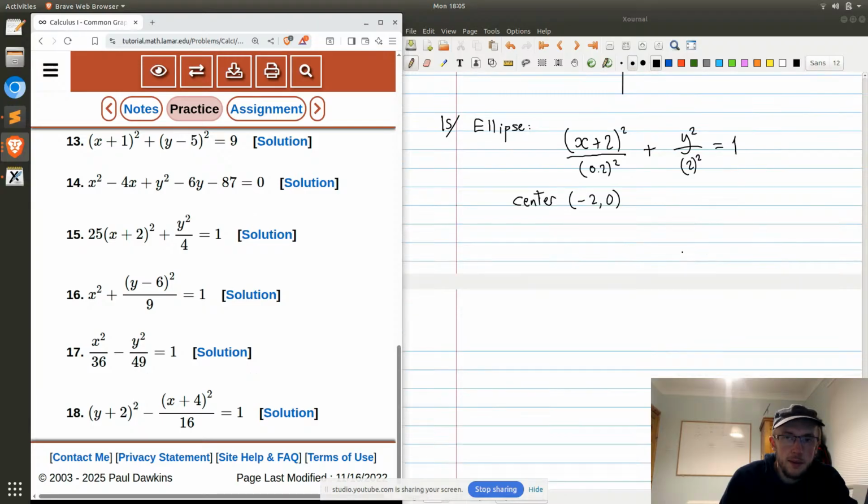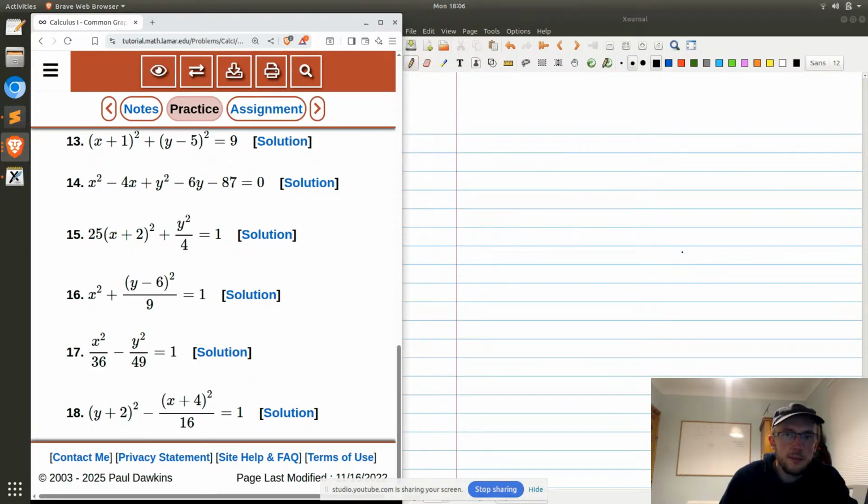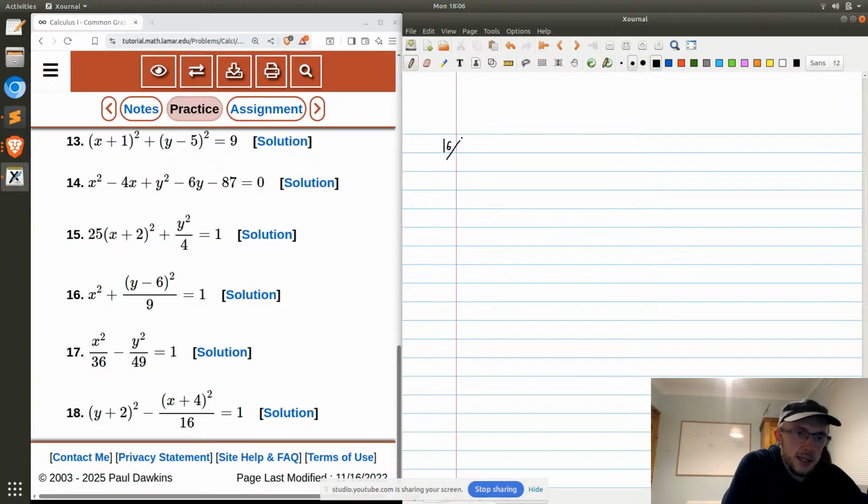Now, problem 16. This is another ellipse whose center is 0, 6 and which is tall.